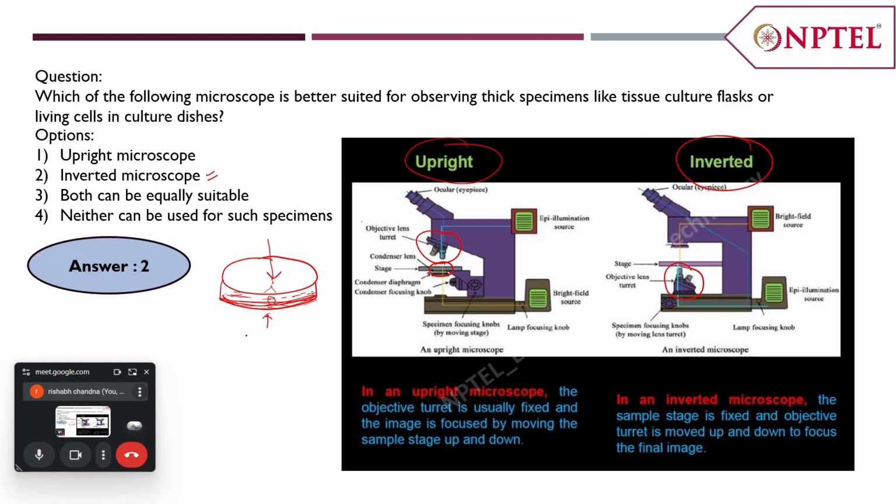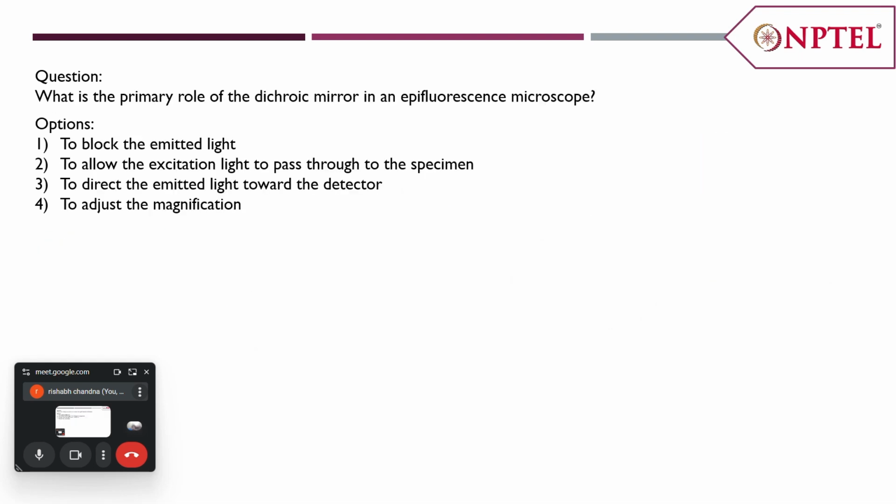That's why we use an inverted microscope, because its objective is just beneath the specimen that we are keeping. So we are able to visualize the cells very clearly as compared to if we would have visualized in an upright microscope. Okay, so let's move on to the next question.